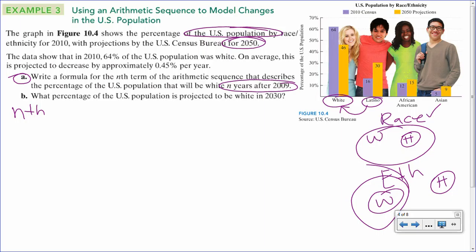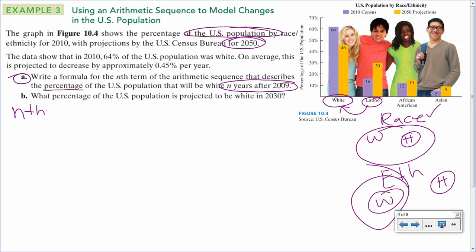All right, so what was the common difference, guys? Do you remember? No? 0.45. Okay, so we don't want to give how many people were of that ethnicity group, but we want to know percentages.